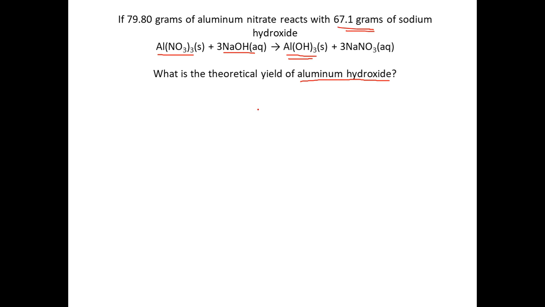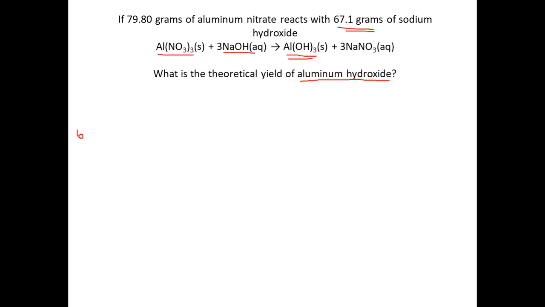I'm going to use sodium hydroxide. I'm just going to use this number and go ahead and go from grams of one substance, so grams of this, to grams of aluminum hydroxide. So that's going to actually come out to be 4 total steps. And we'll go ahead and start this off.